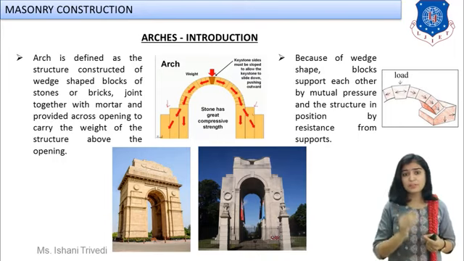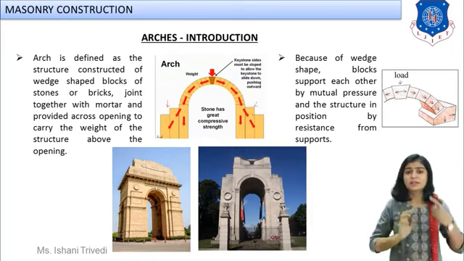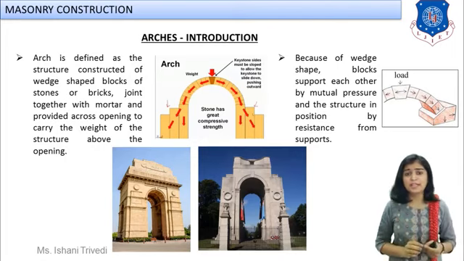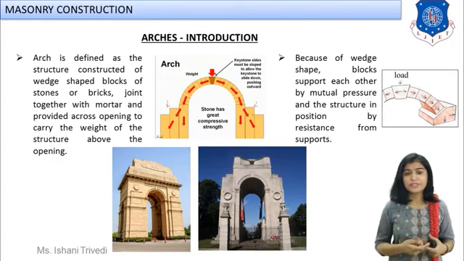You will have to cut your block into a certain shape, right? The shape in which your block is cut is known as wedge shape, which will give you the effect of curving. So the arch construction is done with the help of wedge-shaped blocks of stones or bricks, it can even be a concrete member, it can be any material, and they are joined together with mortar.